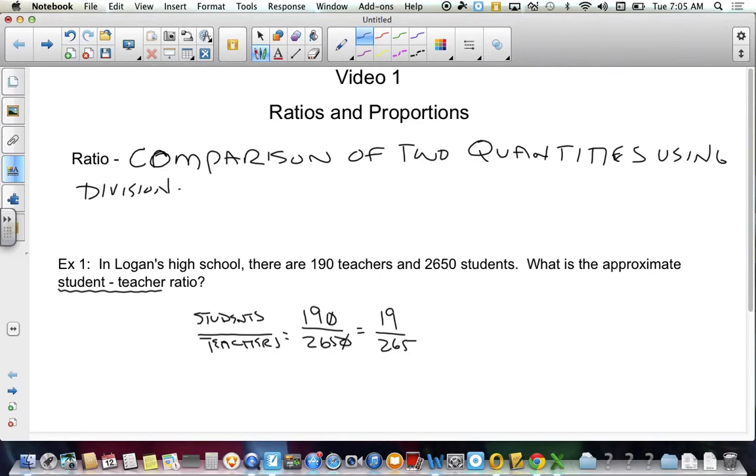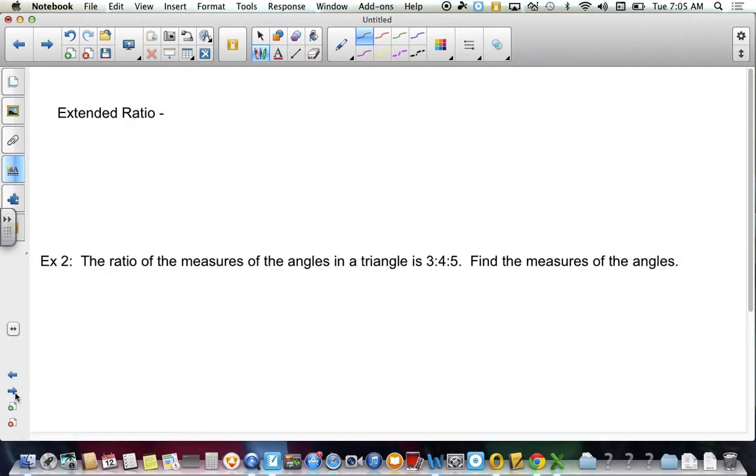Next example. We have what we call extended ratios. An extended ratio will be what we'll use to compare three or more quantities.